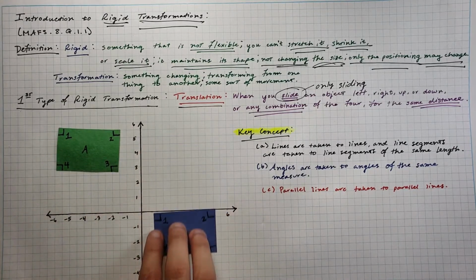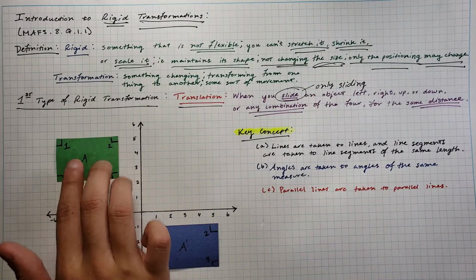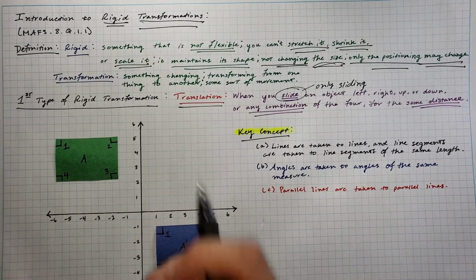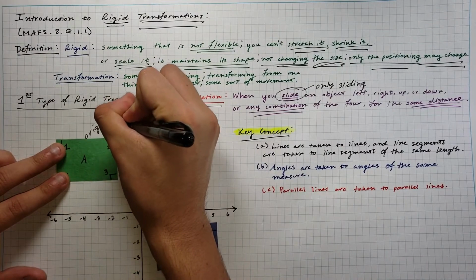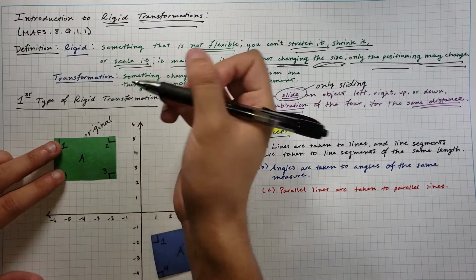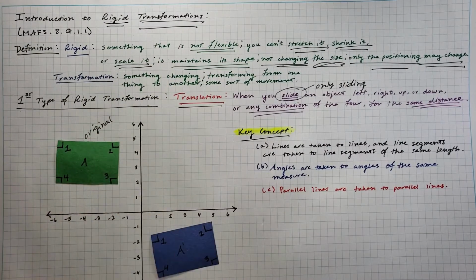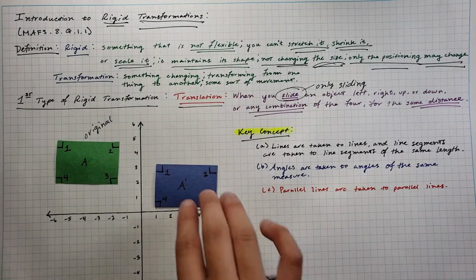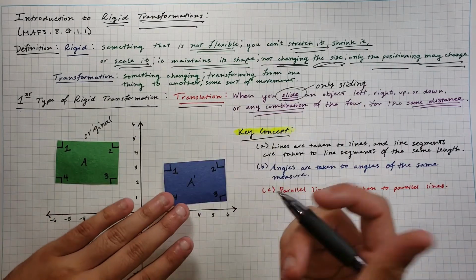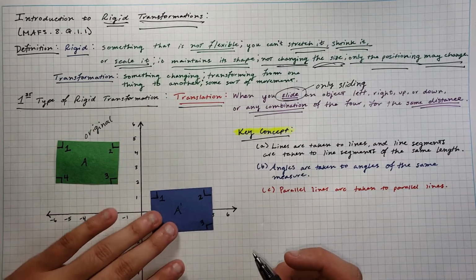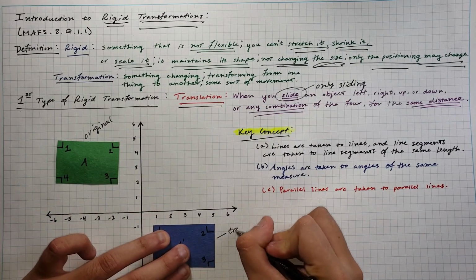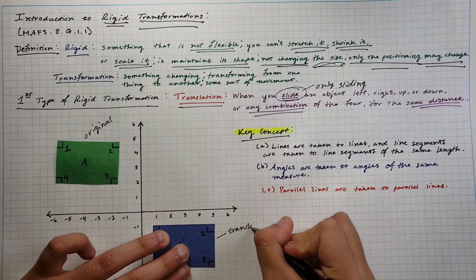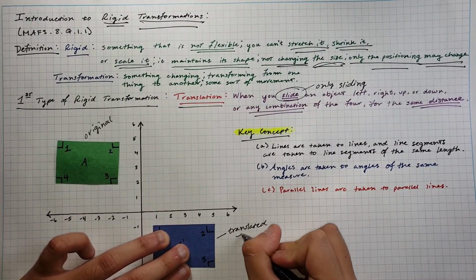This one is going to be the original figure, in the original position. We'll just call it the original. And since we're translating, we'll call this one the translated figure, and maybe we'll put it down here.